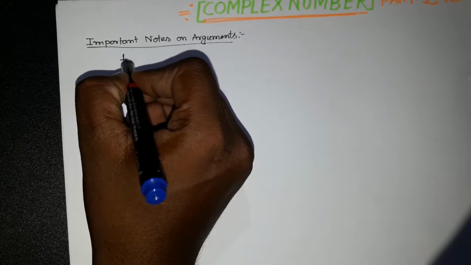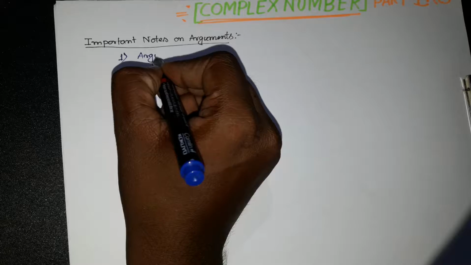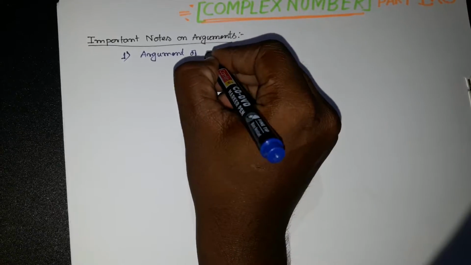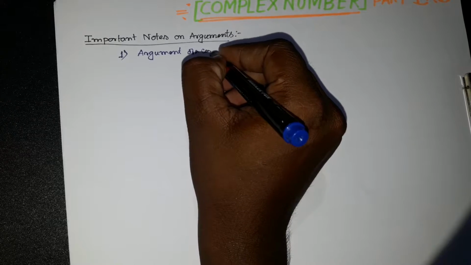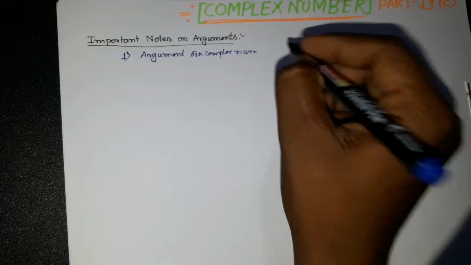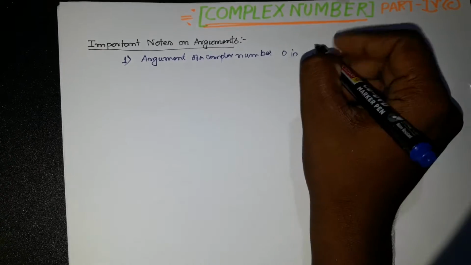Number 1: the argument of a complex number zero is not defined.